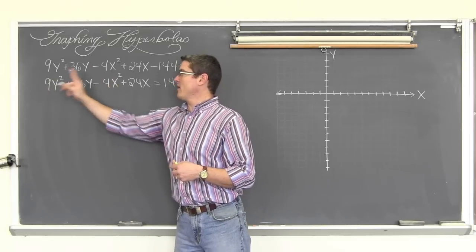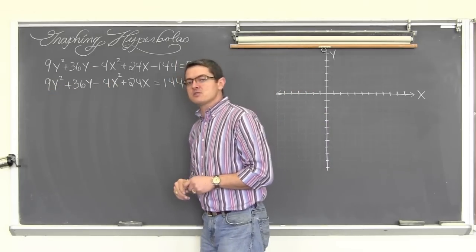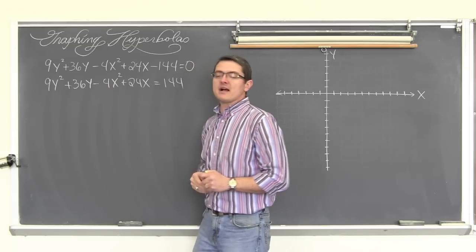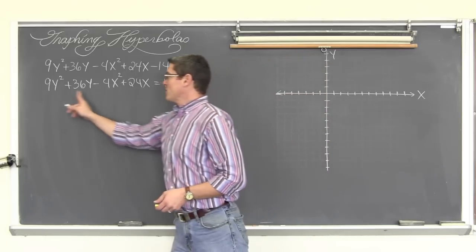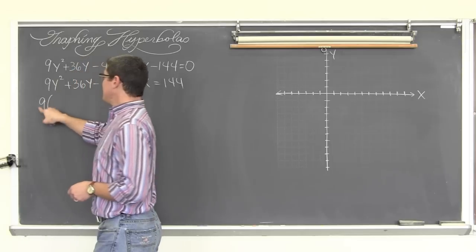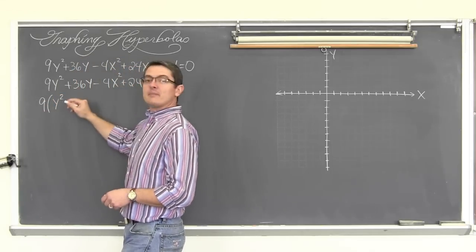Now, we have a couple of issues. We cannot complete the square unless our leading coefficients are equal to 1. And please, as you're completing the square, do not forget that you're factoring out a negative 4 for the x terms. So don't make a sign mistake. Don't forget that you have a negative there. So we're going to factor a 9 out of the two y terms, and 9 divided by 9 is 1, so we have y squared. 36 divided by 9 is 4.